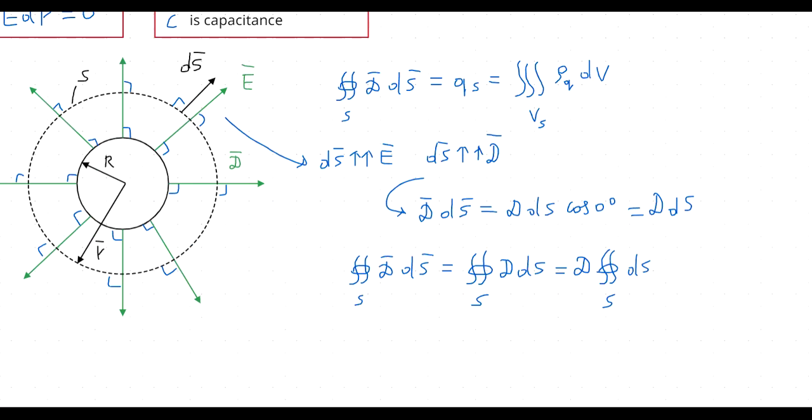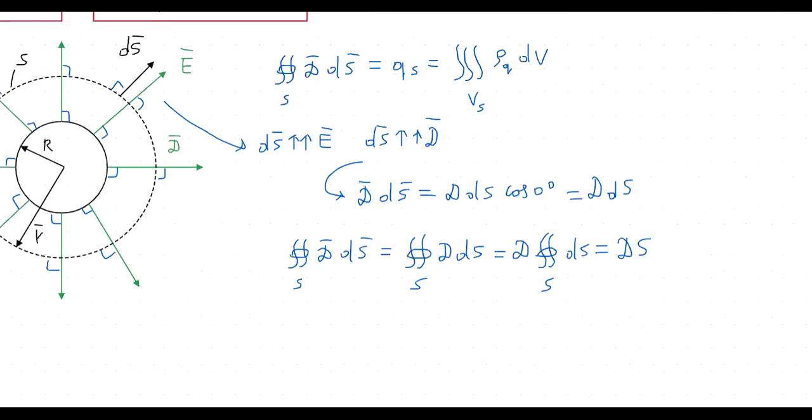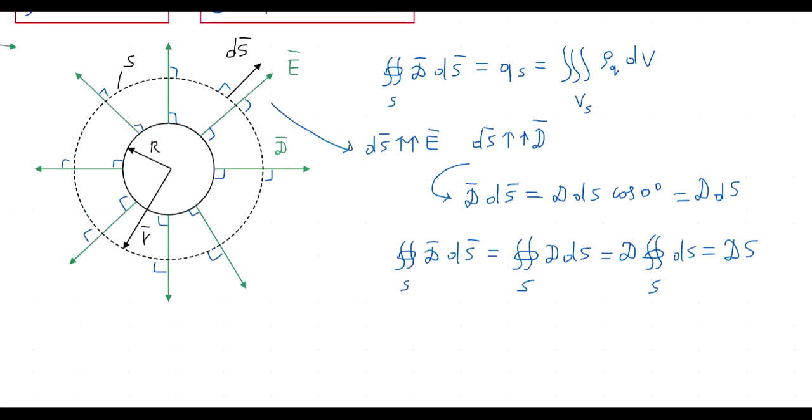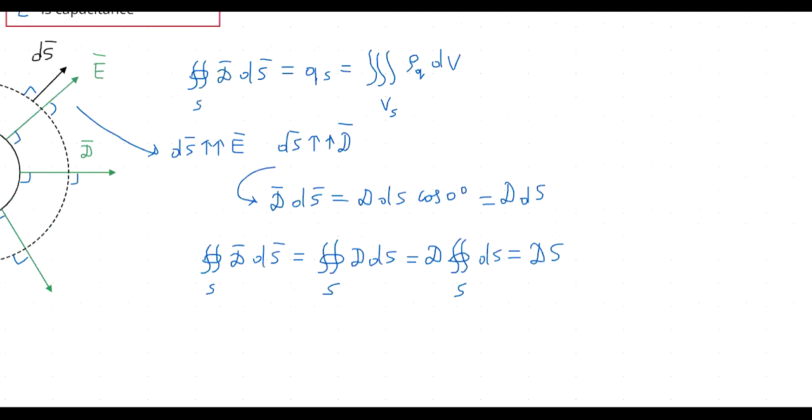This integral will be the area of surface S, and the area of a sphere is 4 pi r squared. So we have calculated the integral in the left side of the Gauss-Flux theorem.